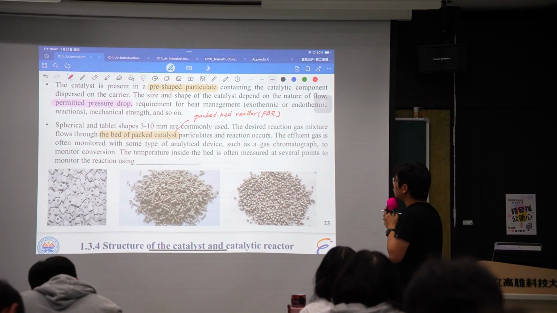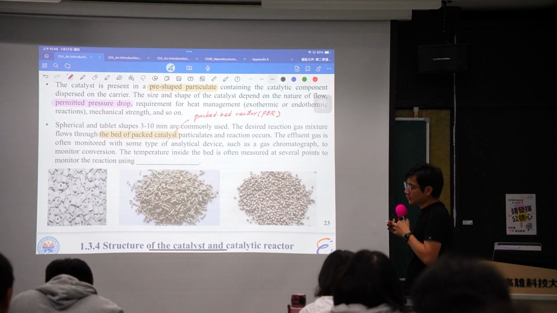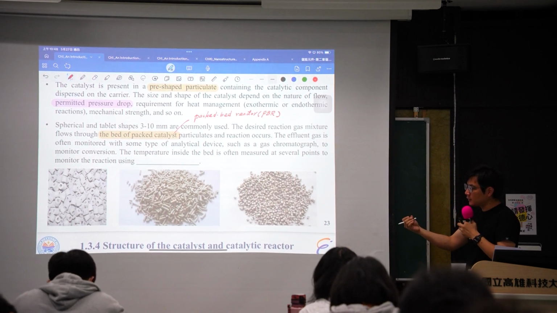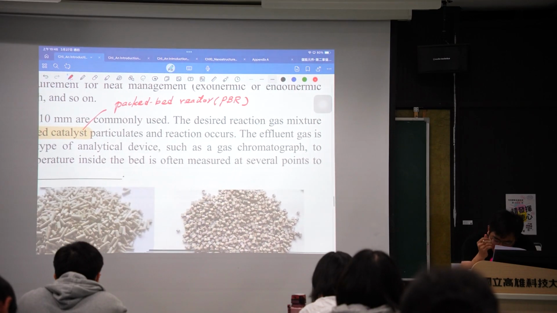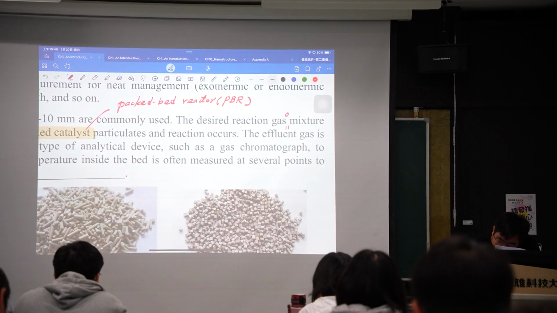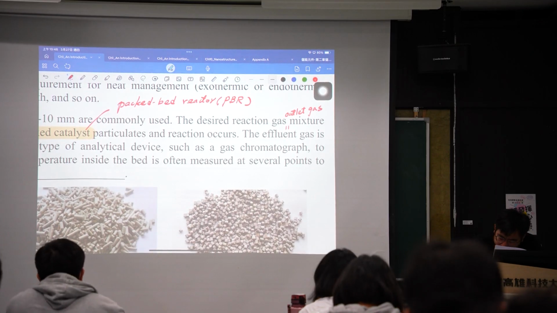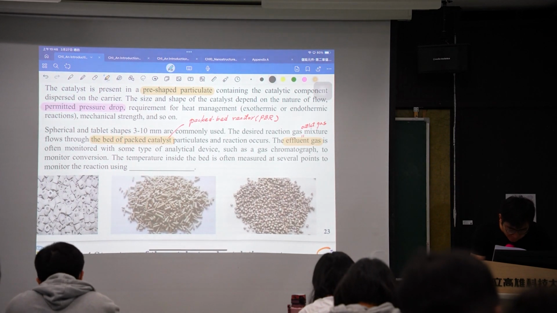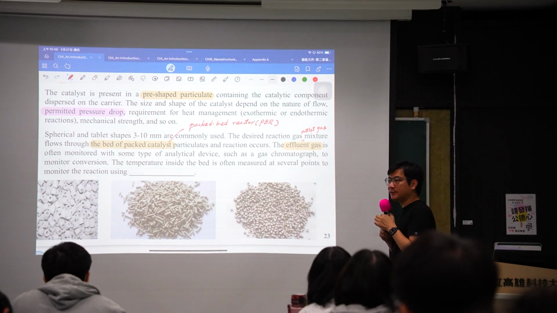And reaction partners. The effluent gas, effluent gas 反正是好分不清 effluent gas, outlet gas. Okay. Effluent gas is often monitored with some type of analytic devices, such as GC.